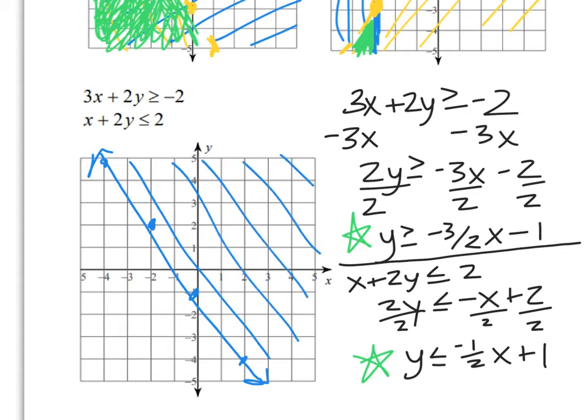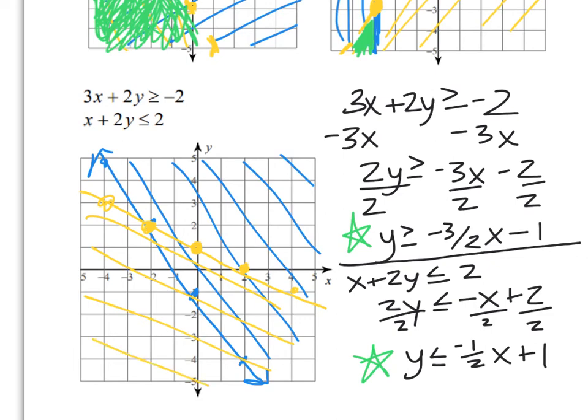The next one, begin with b, which is positive 1. Move with m, which is down 1, right 2, or up 1, left 2. It has an equal to, so I'm also going to connect that with a solid line. And we're shading below because it's the less than or equal to.